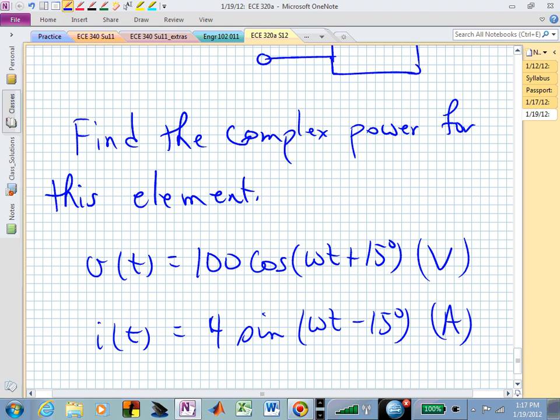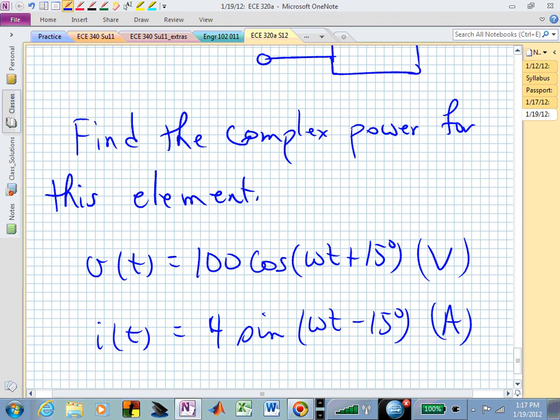What do I need to do in order to start working this problem? You could find theta v and theta I. The first thing you probably want to do, though, is make the trigonometric formula the same. You want to be working with all cosines or all sines. We'll probably deal with cosines in this class, because now we're basically comparing apples and oranges.